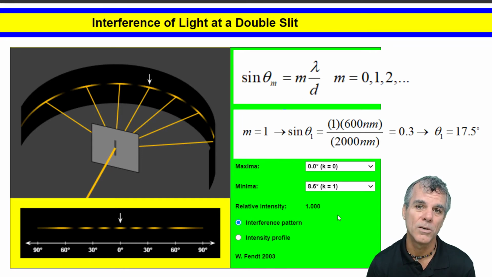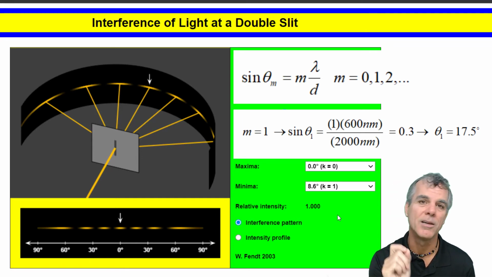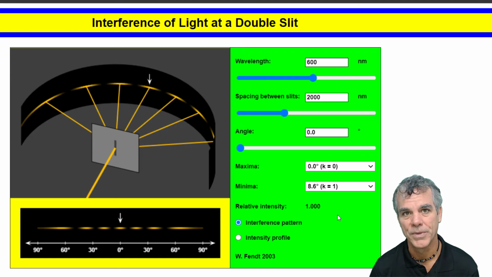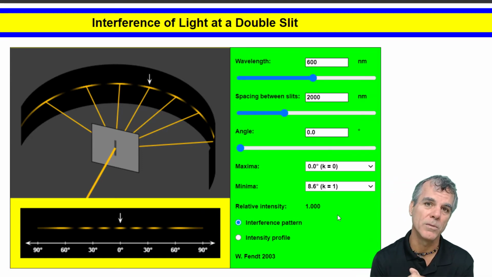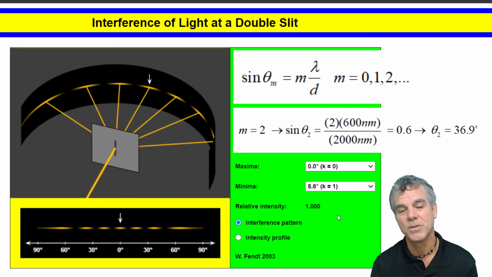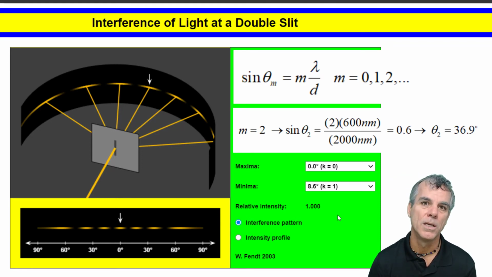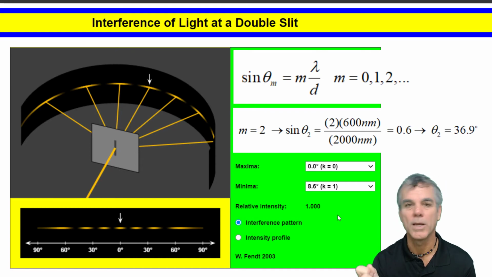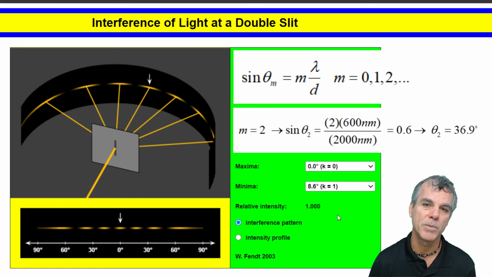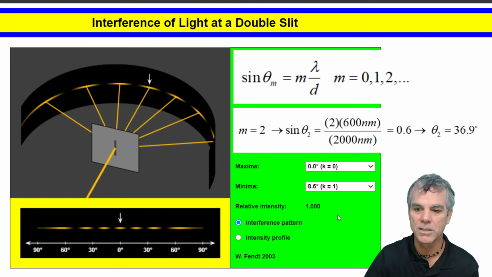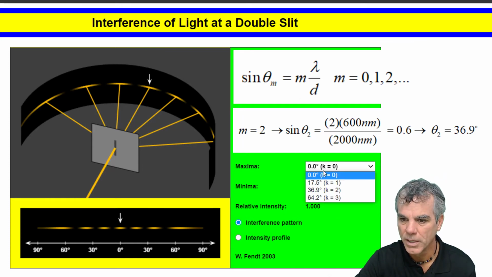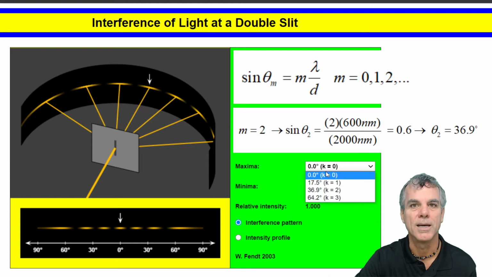Solving for theta 1, what I get is 17.5 degrees. And again, if I wanted to know the angle of the second order maximum, m equals 2, then I'm solving sine theta 2 equals 2 times the wavelength divided by d, the slit spacing. What I get is sine theta 2 equals 0.6, or theta 2 is 36.9 degrees.